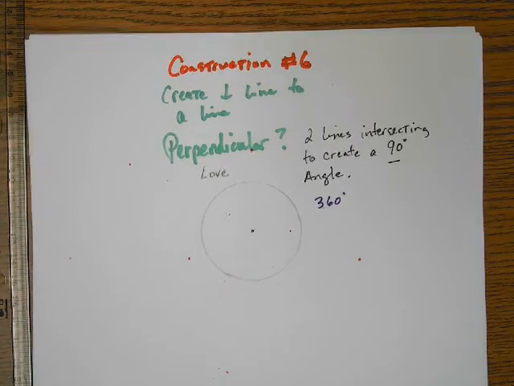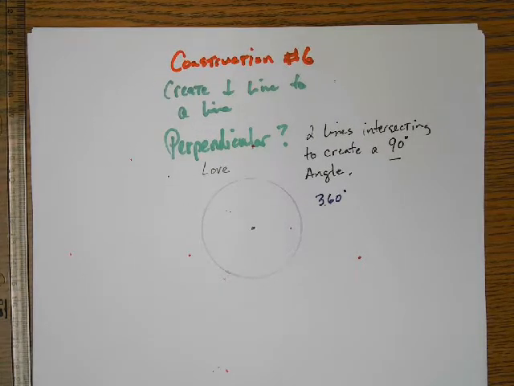Well done. So 360 degrees. If somebody goes a complete world traveler around the globe, they went 360 degrees. 360 is the way that we measure an angle using degrees.